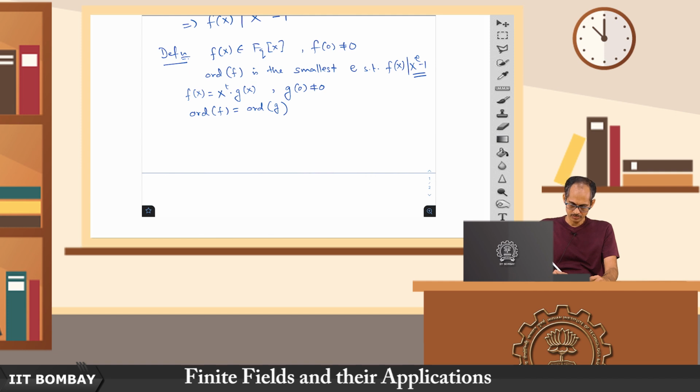Now, we would like to get some understanding of what is the order of any given polynomial. We know that any polynomial can be factorized into irreducible factors.